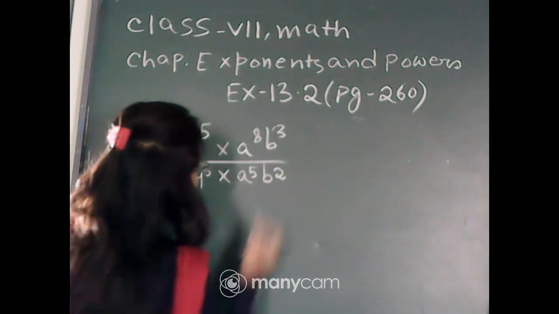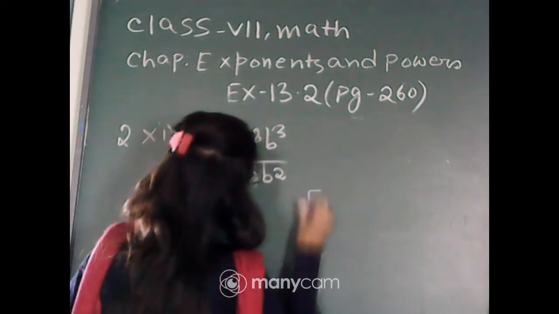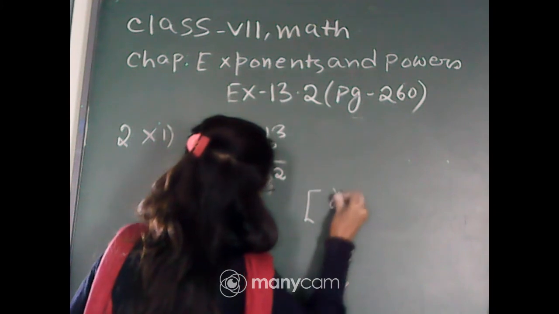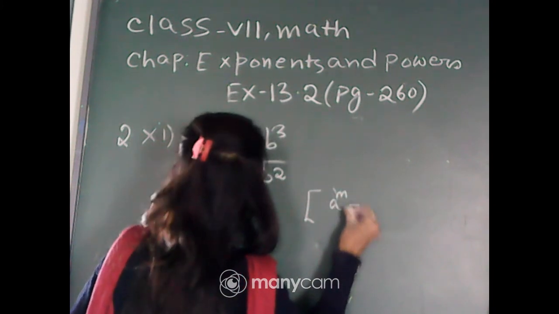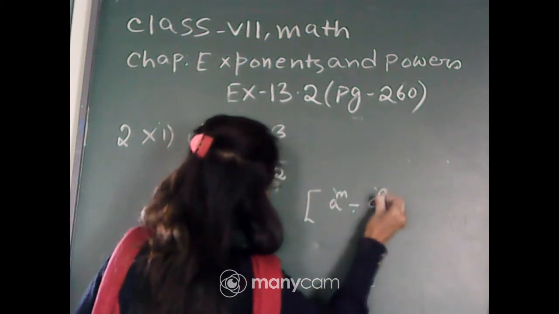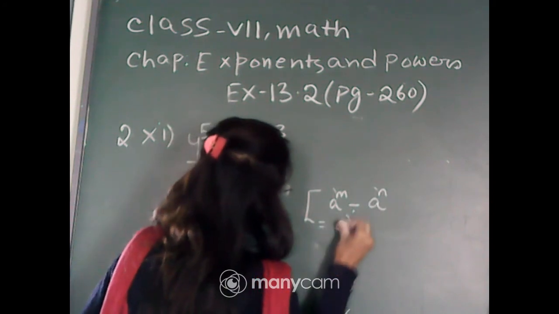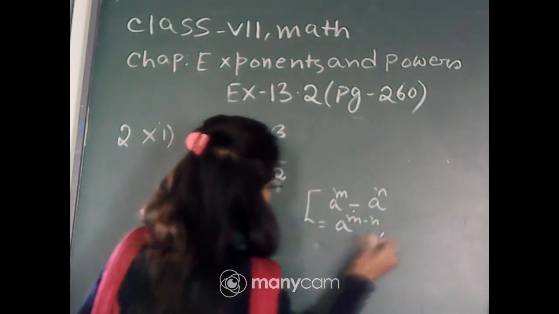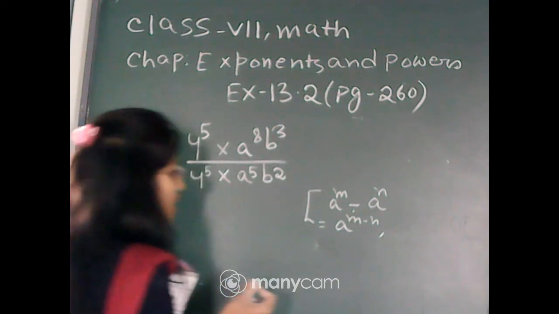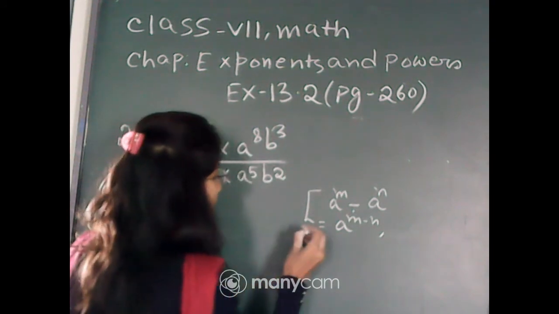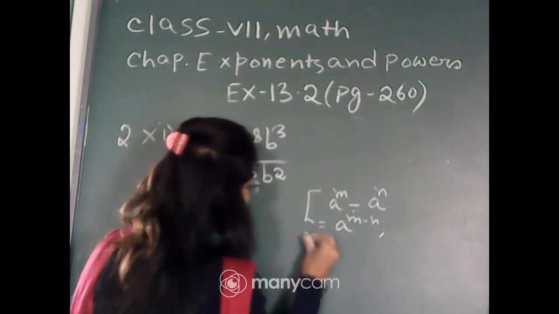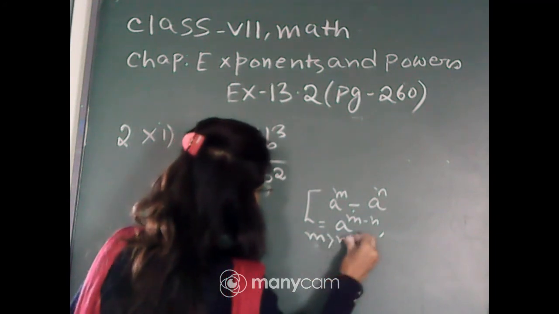Here we use the law a to the power m divided by a to the power n is equal to a to the power m minus n, where a is any non-zero integer, m, n are whole numbers and m greater than n.